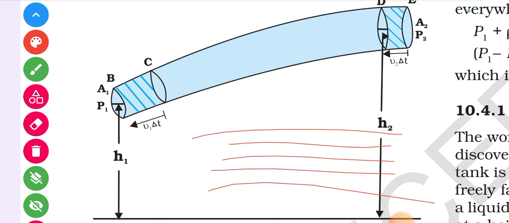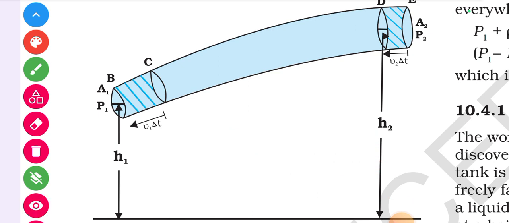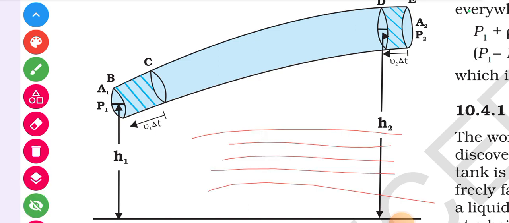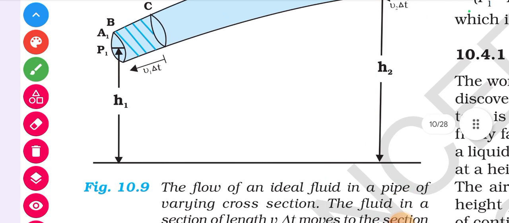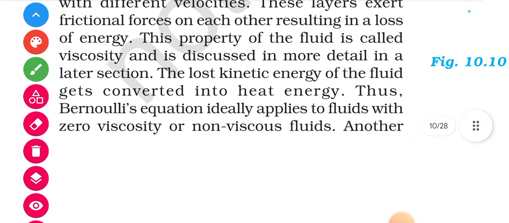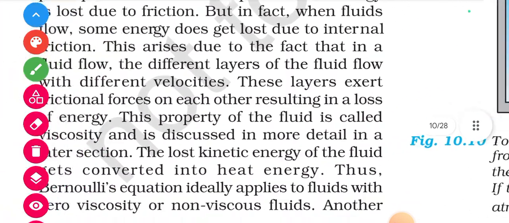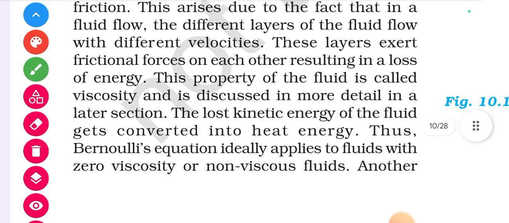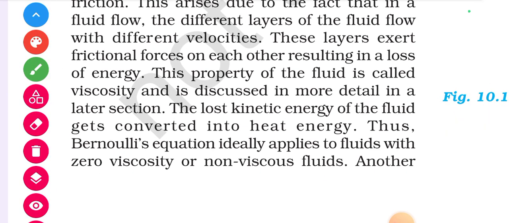So a velocity gradient will be there, and because of that there will be friction, and that is called viscosity. Energy will be lost in the form of heat due to viscosity. The lost kinetic energy of the fluid gets converted into heat energy. Thus Bernoulli's equation ideally applies to fluid with zero viscosity, or non-viscous fluid. Only in the ideal case can we take it.